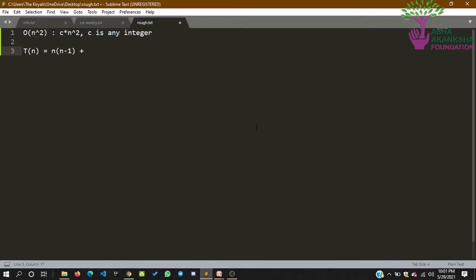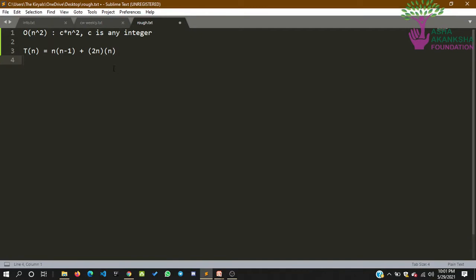So once we get this, we can just write 2n into n, 2n being the number of columns and n being the number of rows. So this is the time complexity of this algorithm.